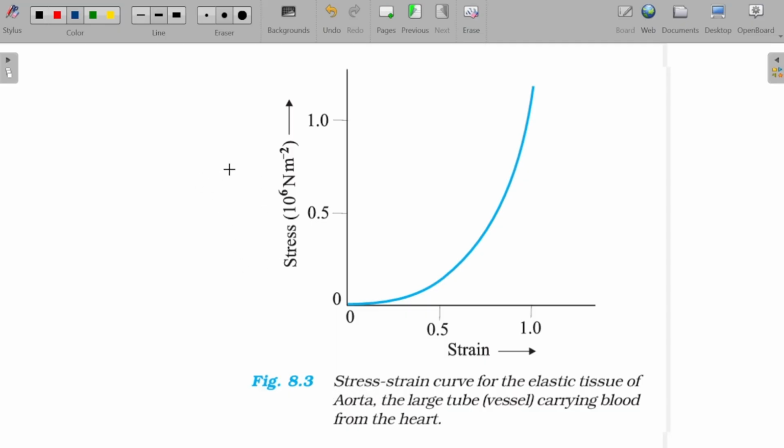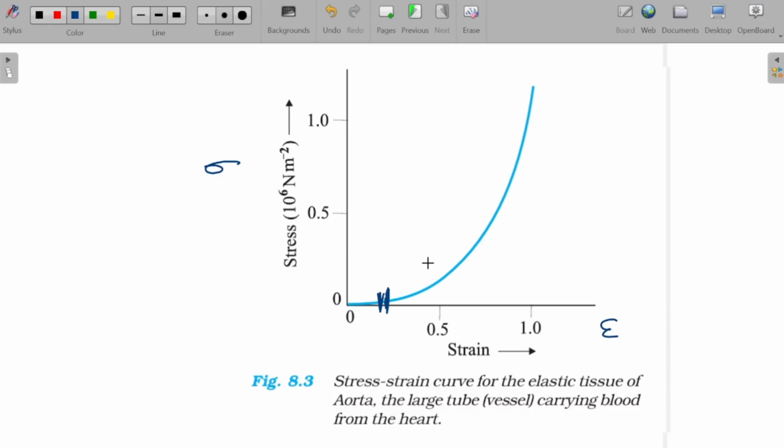And here, look, this is stress and this is strain. Now you can see this is almost non-linear. If we mark up to here, it is linear up to a certain extent, but for the most part, you can see it is non-linear. So in that case, we can say this aorta is not obeying Hooke's law, but it has high tensile strength.